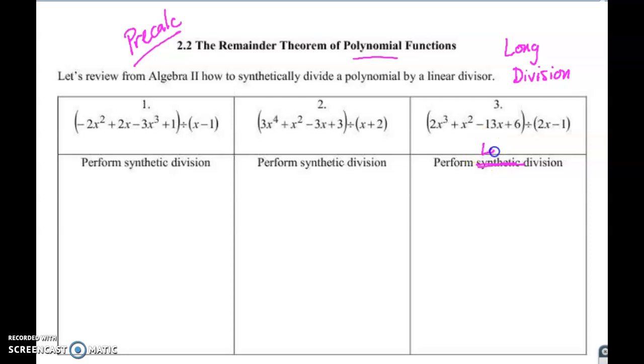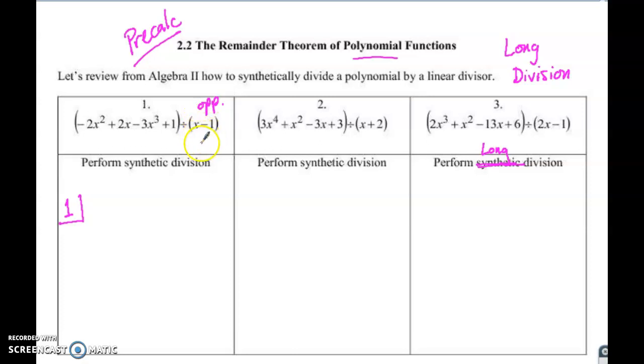here, using long division. As a reminder, and I recognize I do this slightly different than what you may have learned in Algebra 2, as we set it up, what goes in the box is the opposite of what you're dividing by.